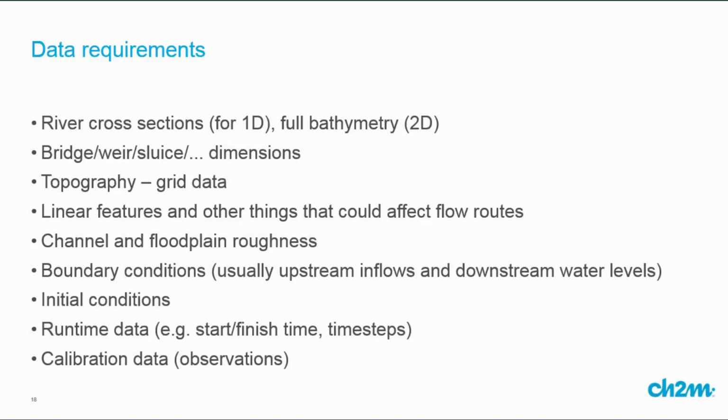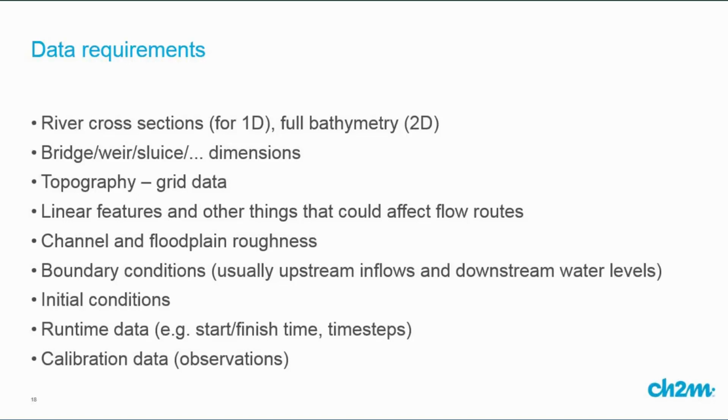For the floodplain, generally now both 1D extended flood cells and 2D modelling on the floodplain is driven by gridded data, be it LiDAR or other lower resolution gridded data. For linear features, which could be raised roads or embankments, railway lines going through and that sort of thing, perhaps you need to capture those separately if they may not be identified well enough in the gridded data.